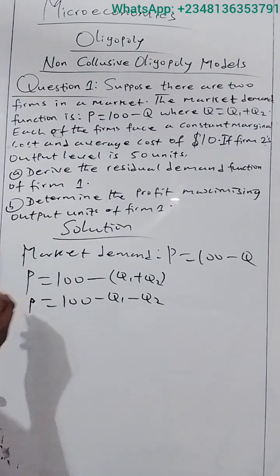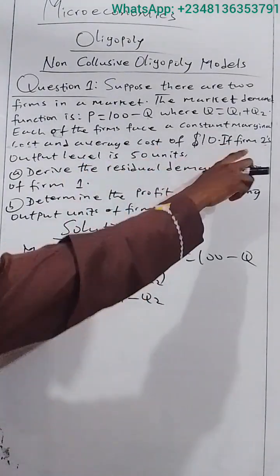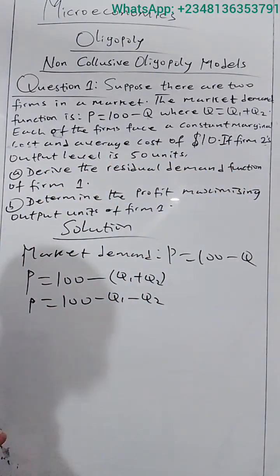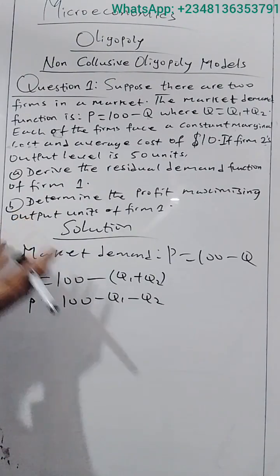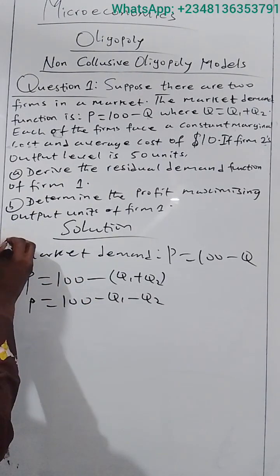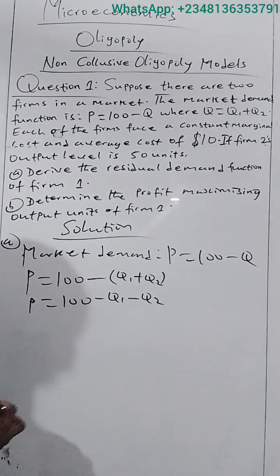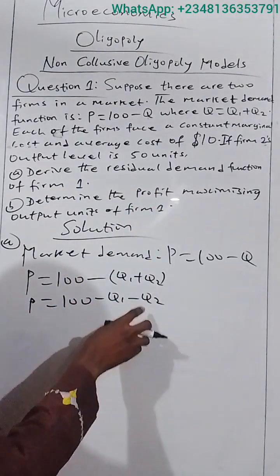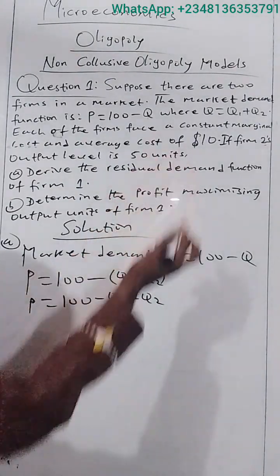You see? Now, we are told that firm 2's output level is 50 units, and if that is the case, we can simply replace Q2 with 50 units here.